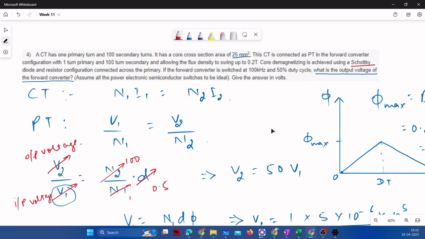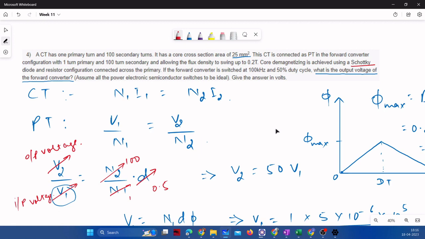Okay, is it fine, Santi? Hello? Sir, I'm thinking about whether this V2 is across a load or across the secondary of a transformer. Sir, in this relationship it is just written as V naught, right?